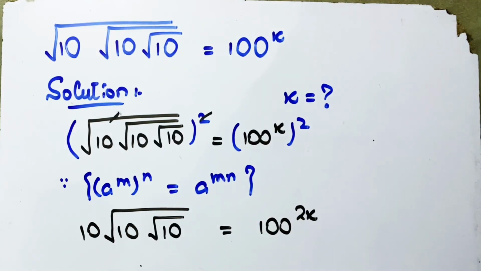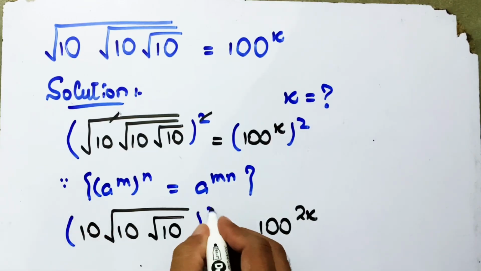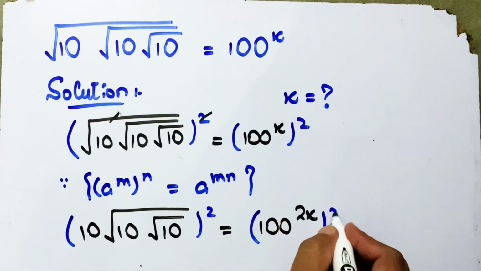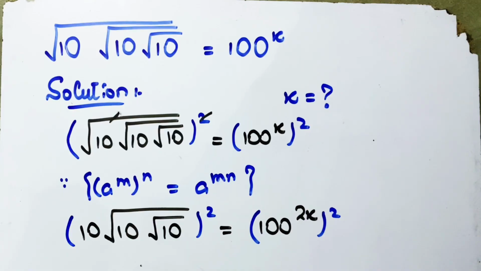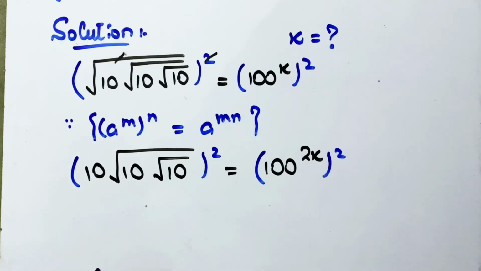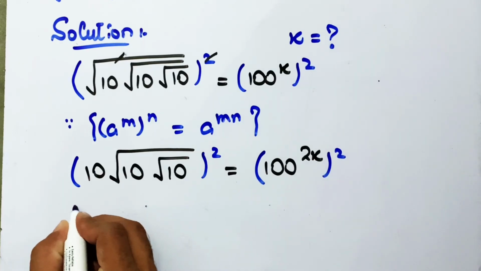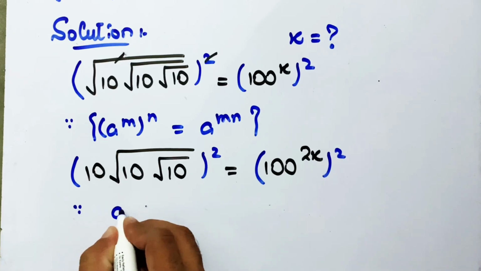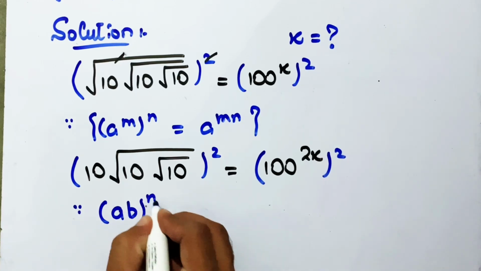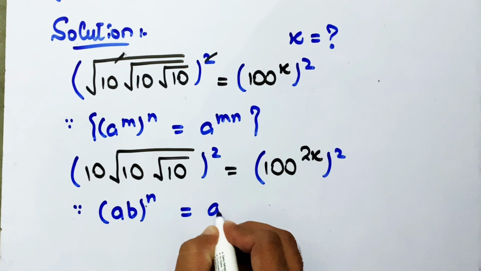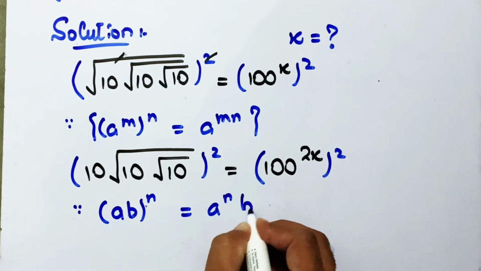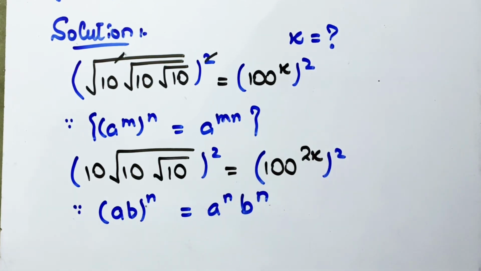Now I am squaring both sides again, this time using the power of a product rule: if a and b have the same power n, we can separate them into a to the power of n and b to the power of n.